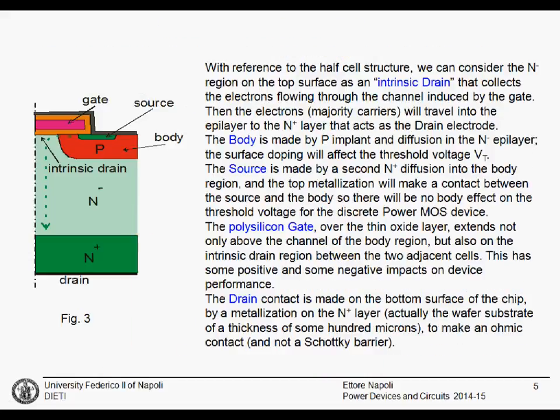Actually, we will see in a few slides that this helps improve the voltage capability, and this also helps improve the on-state resistance. And this means that the gate is one single piece of polysilicon that contacts two adjacent cells.